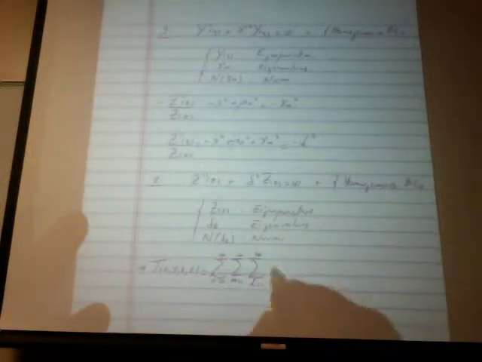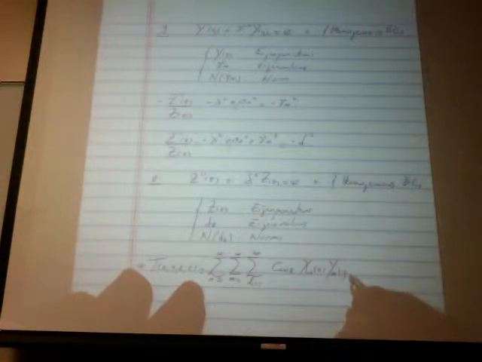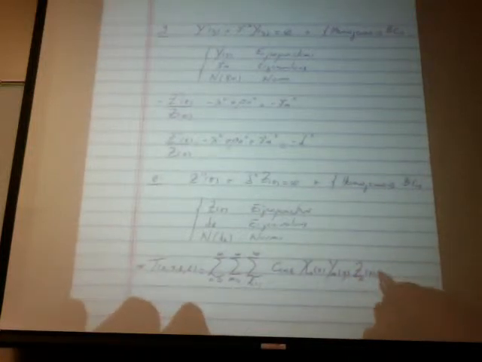Then T of x, y, z, and t is equal to the summation from n equal 1 to infinity, the summation from m equal 1 to infinity, the summation from L equal 1 to infinity of C n m l times whatever the eigenfunction in the x direction is, whatever the eigenfunction in the y direction is, whatever the eigenfunction in the z direction is, times e to the minus alpha lambda square t.